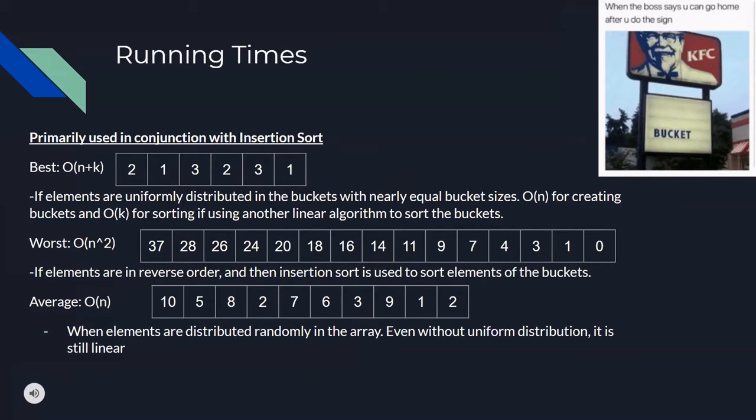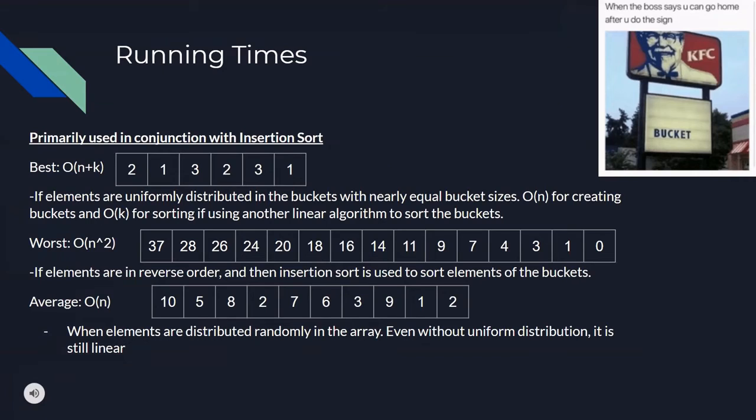Bucket sort is primarily used in conjunction with insertion sort. Bucket sort is kind of like a pre-sorting algorithm to break apart your data into smaller sections. And then another algorithm, such as insertion sort, is used to actually sort the data in the buckets. So the best runtime is O of n plus k, which is really just O of n.